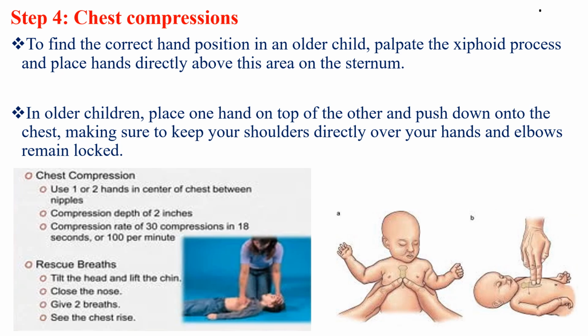In older children, place one hand on top of the other and push down onto the chest, making sure to keep your shoulders directly over your hands and elbows locked. Positioning your body, lean over the person with your shoulders directly above your hands and your elbows locked. Then push down on the chest at least 2 inches or 5 centimeters at a rate of 100 to 120 compressions per minute. Allow the chest to return to its normal position after each compression.